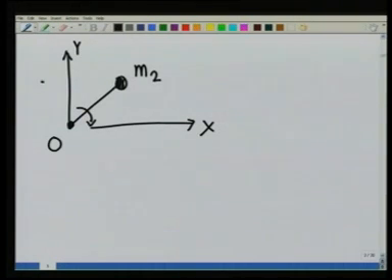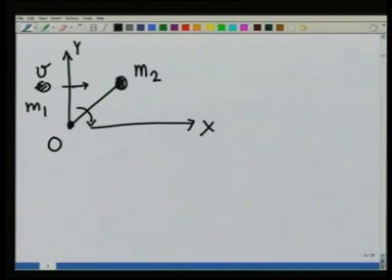There is a mass m1 that is traveling in this direction with speed v and it strikes mass m2. What I would like to know is, if mass m1 got stuck with m2, what will be the angular speed of rotation of the system?